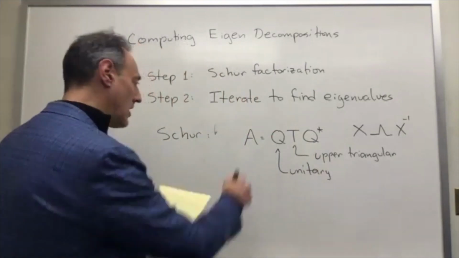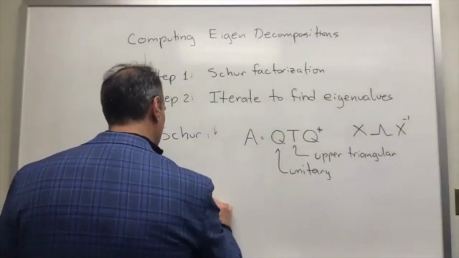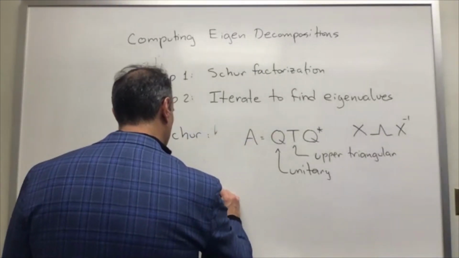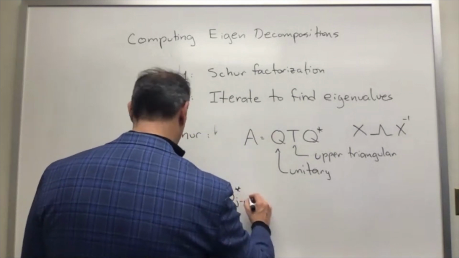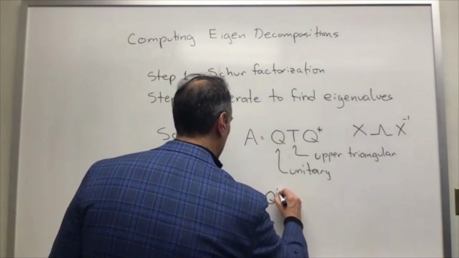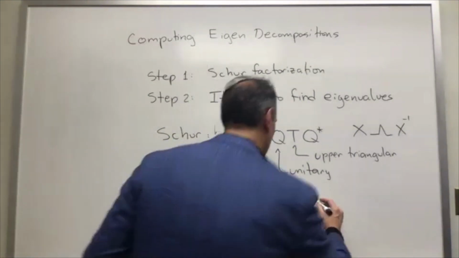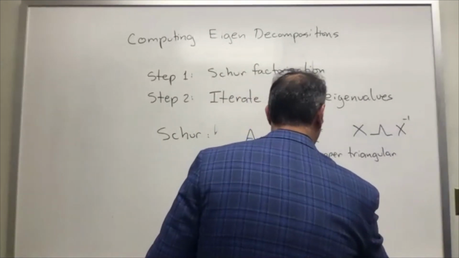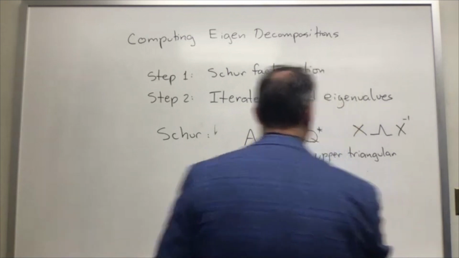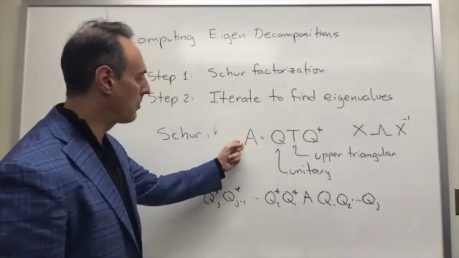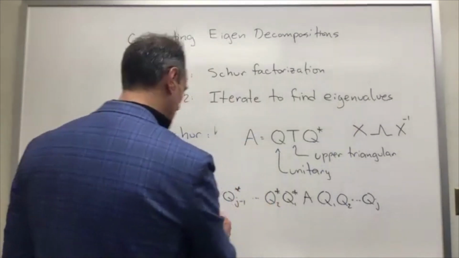So what we want to do is think about representing Q and Q star actually as something like this. A series of QJs times A. So we want to think about how to multiply on the left and the right of A. And so notice what this is, right?